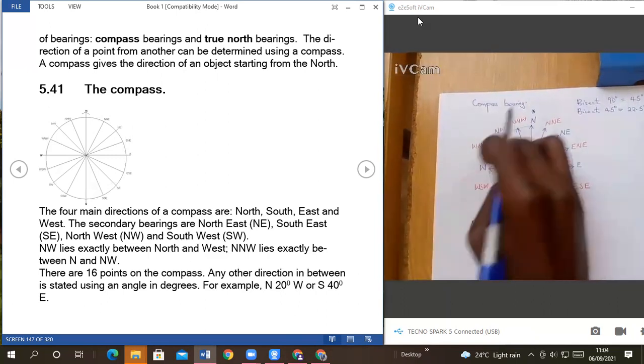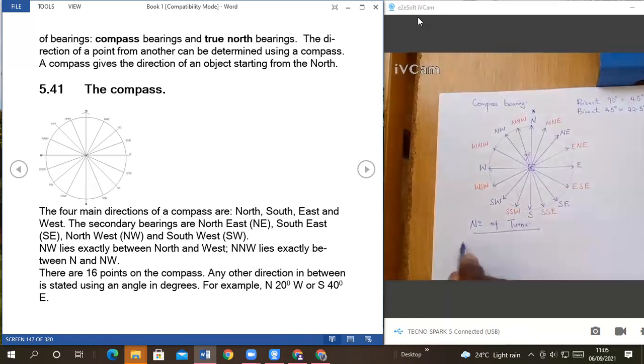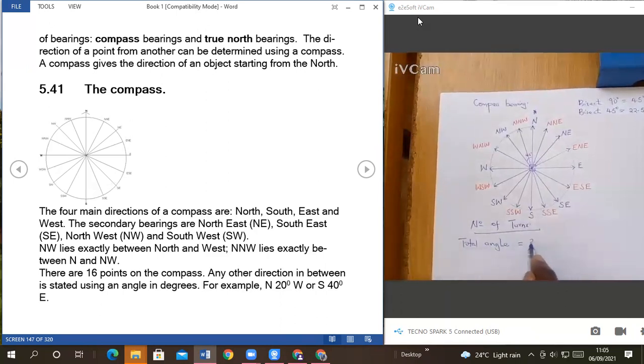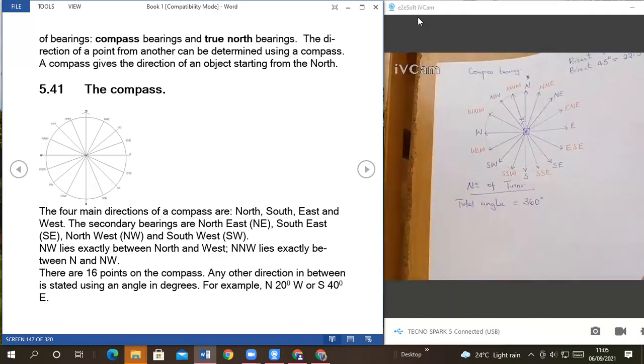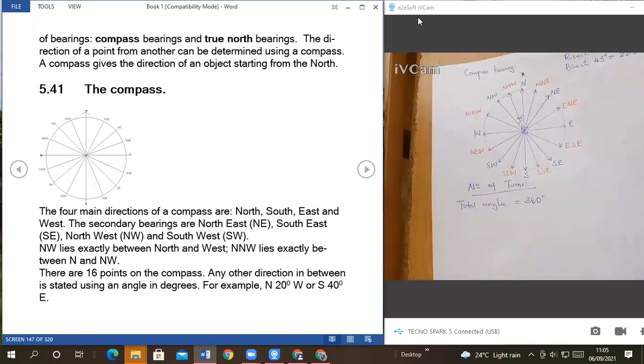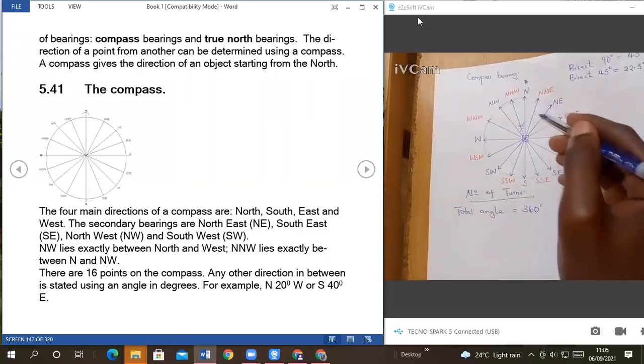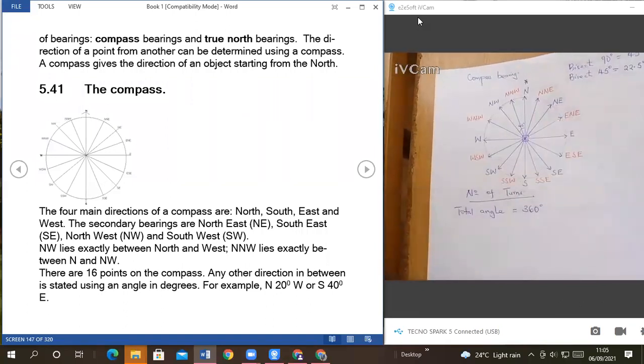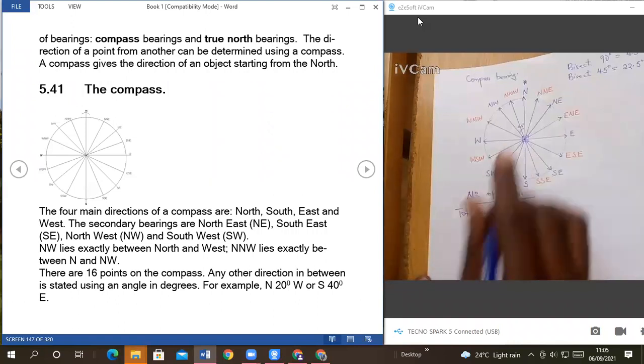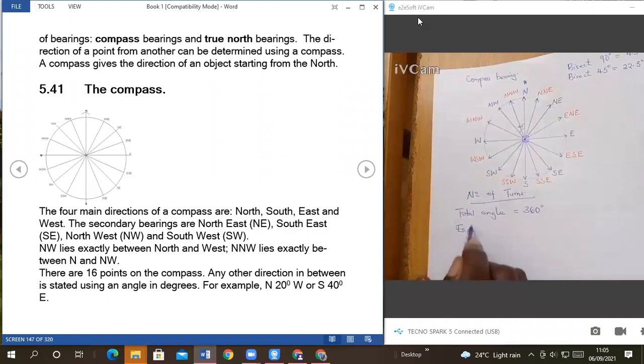When you move all round, what is the total angle there, members? The total angle is 360 degrees. And remember each of these 16 angles is 22.5 degrees.